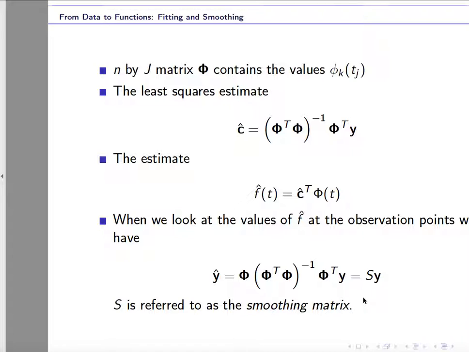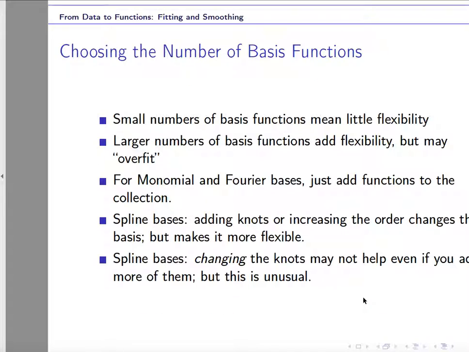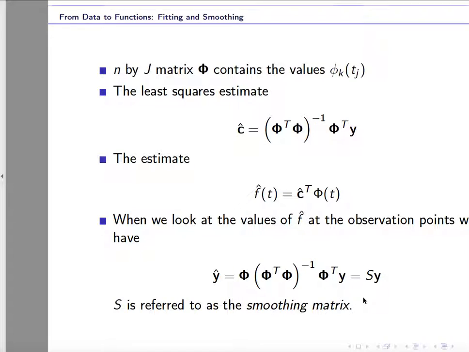This S is very important in this smoothing framework, and we will learn about this later on. The reason is that you can show that if you take the trace of S, you will figure out the trace of S here will be equal to, what's the trace of S here? Can you see?